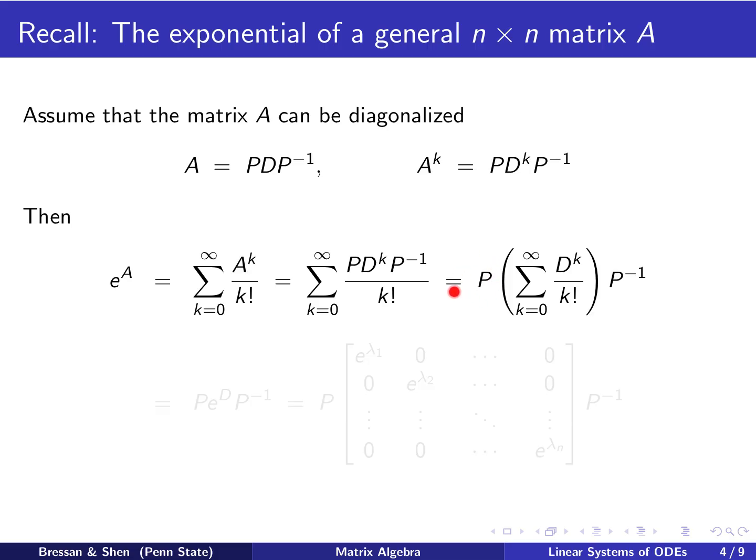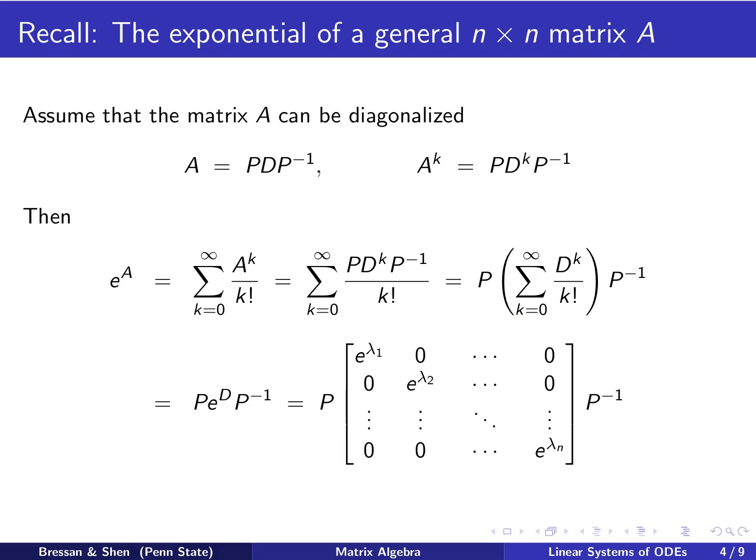So we pull the P on the left out, and we put P inverse on the right out, and whatever stays in the middle, we sum over K. And then we see that this expression here is exactly the exponential of the diagonal D. We can put it in. It is e to the lambda 1, e to the lambda 2, and so on on the diagonal, and 0 otherwise. So that will be the expression for e to the power A.